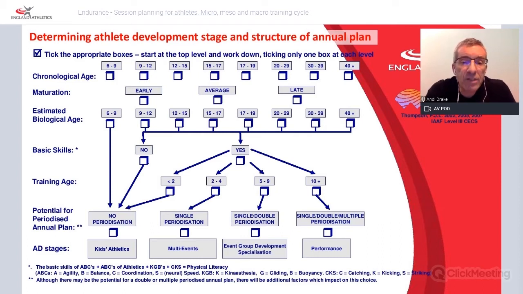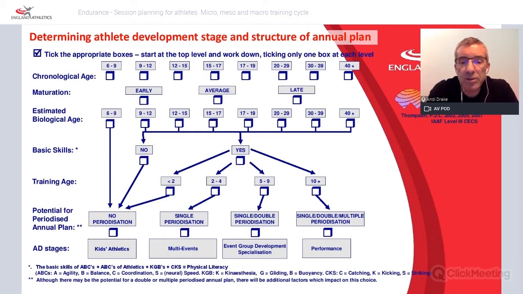If we've got 5 to 9 years of experience, then we have some options. In theory, this athlete could plan a double periodized year, which brings us to 2 peaks, perhaps an indoor and an outdoor season as one example.